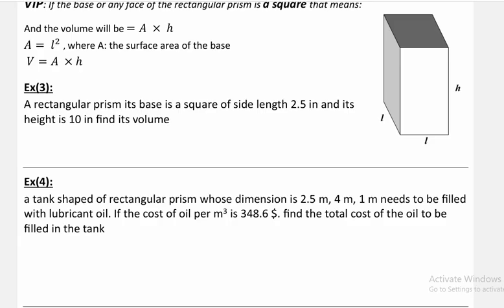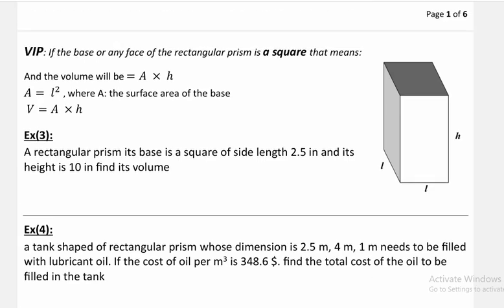The last special case. Again, rectangular prism. It has 6 faces. But if you look at the top and the bottom, they are squares. And you know that the volume of a rectangular prism is area of a face times a side.